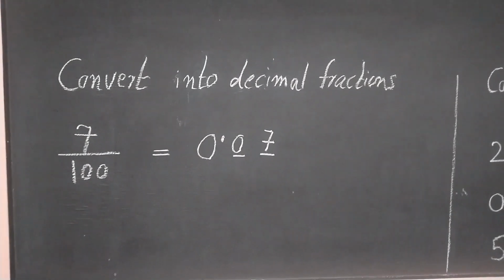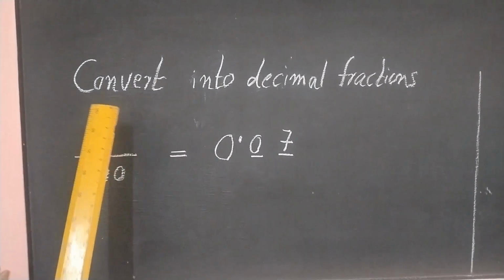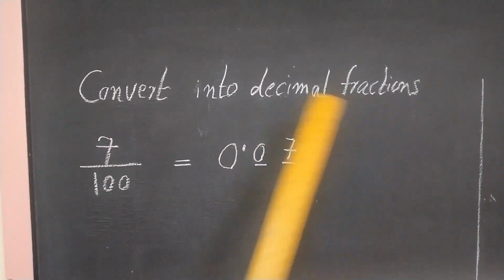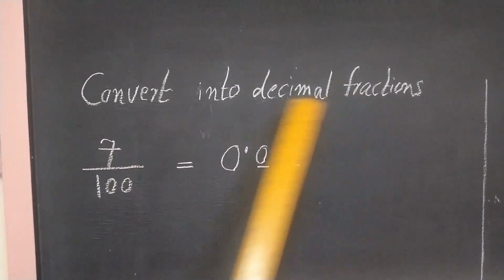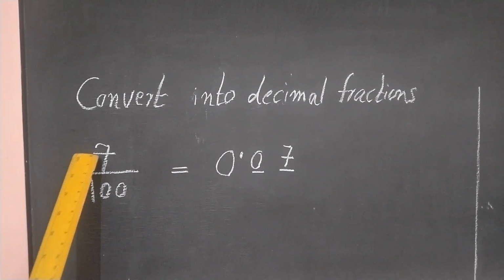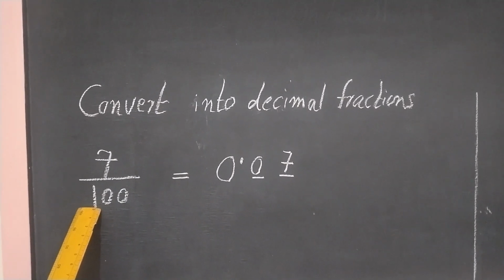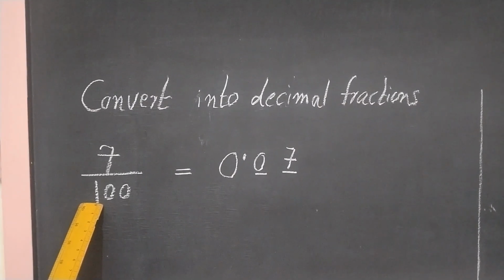Nani beti, in the first part of decimal fractions, we have already covered this type of questions. Convert into decimal fractions. Here, the fraction is given in the form of numerator and denominator, and its conversion into decimal fractions is expected from us.